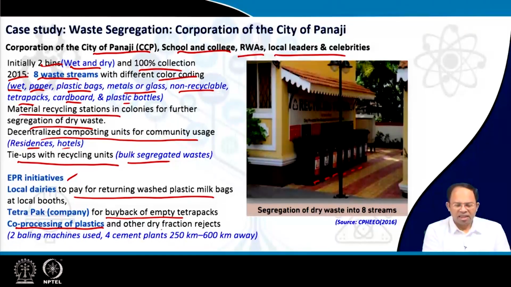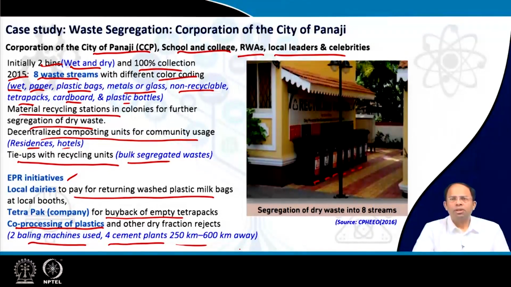Then co-processing of plastics and other dry fraction rejects. Two baling machines were procured, which baled or compressed the waste into pellets, into square items. This compressed plastic and other material was formed into a rectangular or square cube, and then taken to cement plants around 250 to 600 kilometers away, where it was used in co-processing for generating energy or heat and so on.